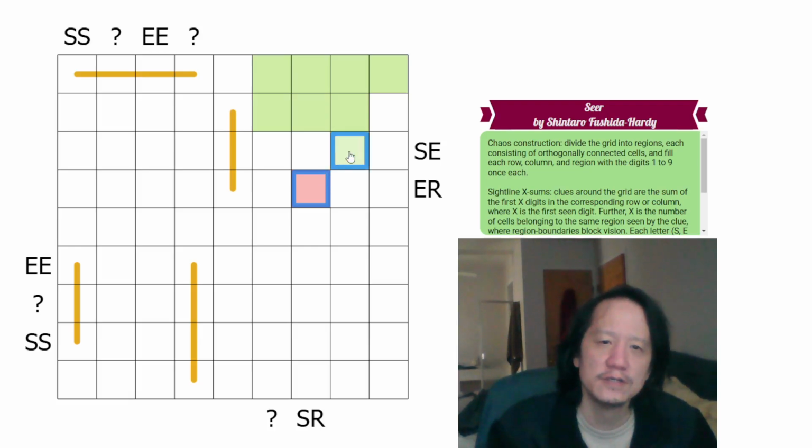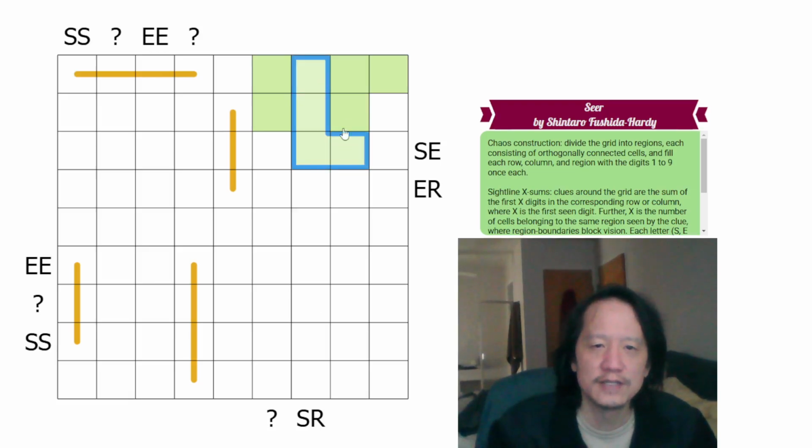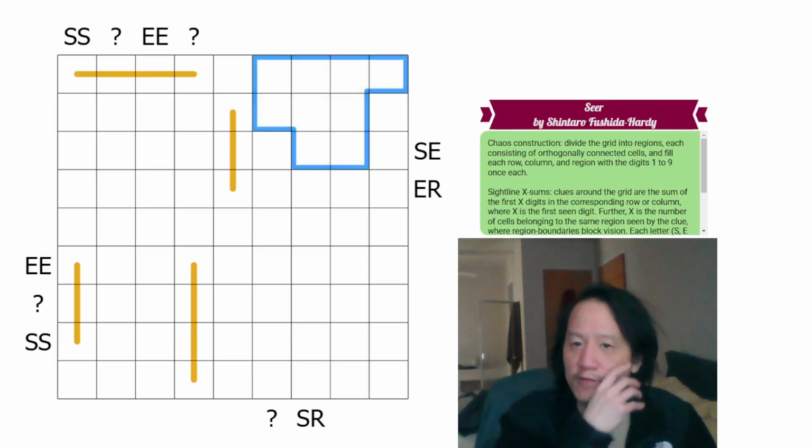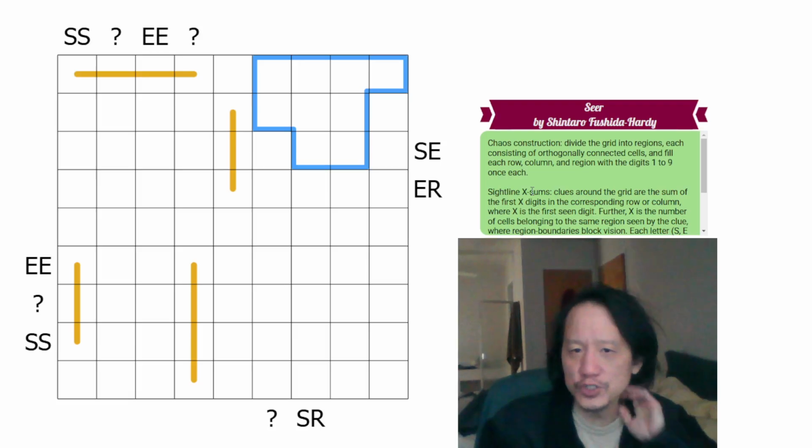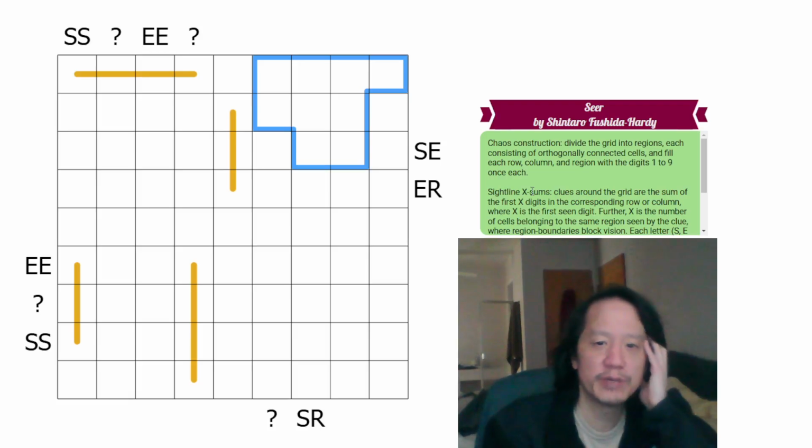Because the problem is this is not orthogonally connected to the rest of the region. So this is not a valid region here. And obviously the regions also have to be of 9 cells in size, and we are constructing this as we try to figure out the puzzle.